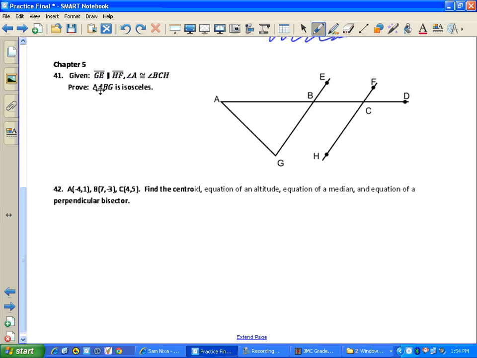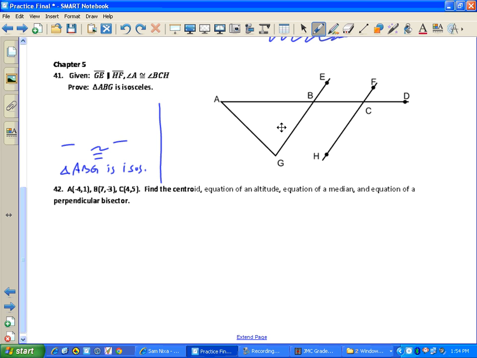So we're going to try to get ABG to be isosceles, which means, if we kind of work bottom up, in order for that to be isosceles, two of these sides are going to have to be congruent. Okay, so the first step in front of this one, I'm going to need two congruent sides on triangle ABG. I don't know which two they are, but that's what I'm aiming for.